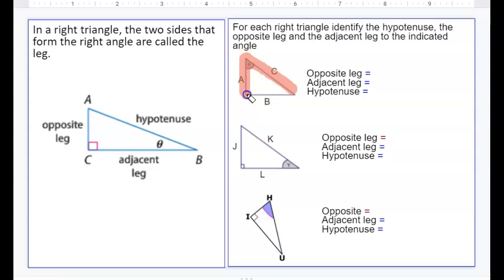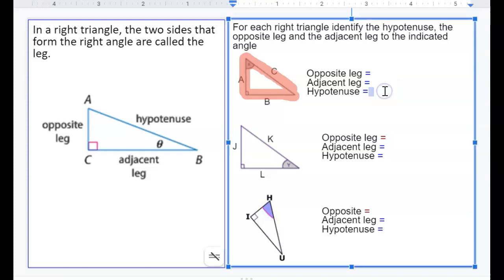So your opposite side would be B. All right, so again, if I start with the hypotenuse, we saw that the hypotenuse was C. Then the adjacent side is A, and the opposite side is B.